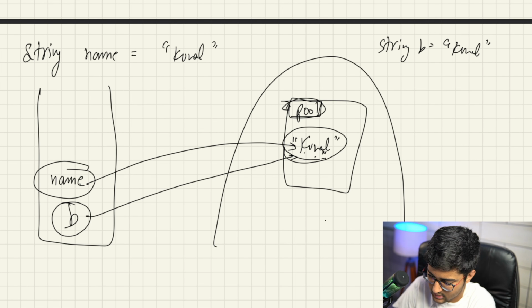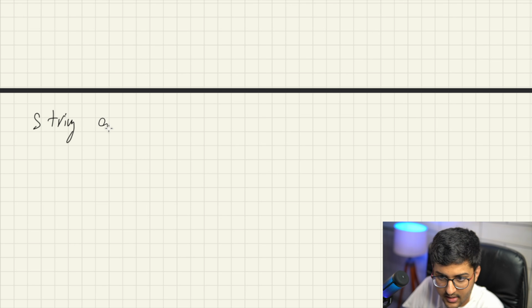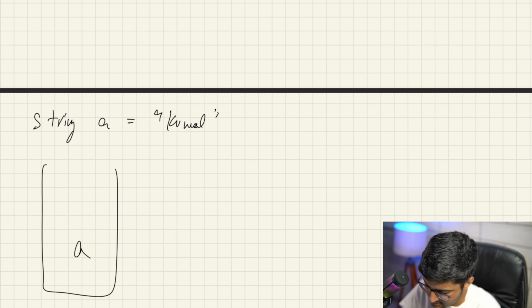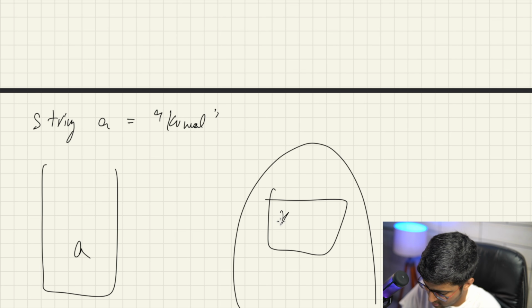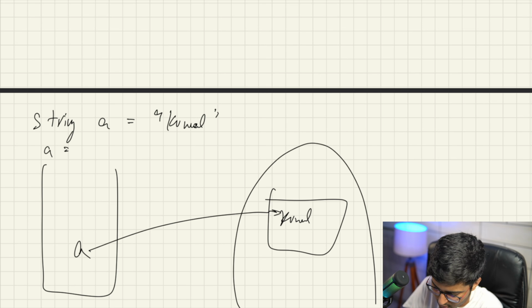Let's bring back our iPad. So what is happening over here? When I said string A is equal to Kunal, I did something like this. So I said string A, pool, Kunal. Then I said A is equal to Kushwaha.